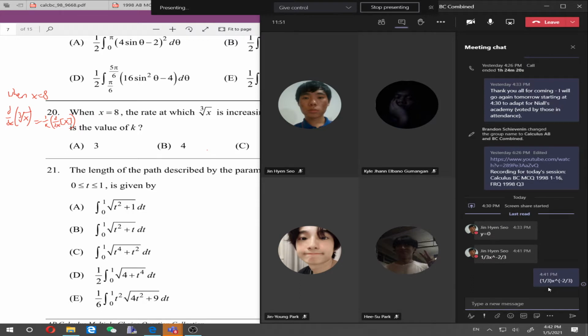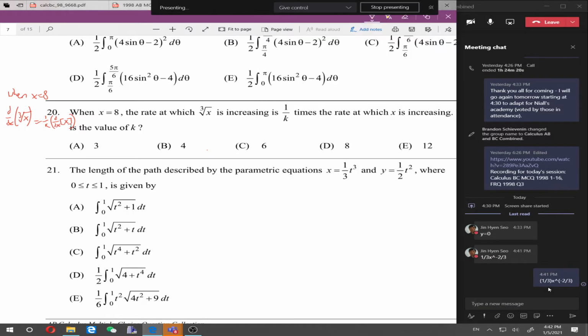So jumping in here, 1/3 x to the negative 2/3 power should be equal to, we were told, 1 over k times the rate at which x is increasing, so that's 1 over k times the derivative of x.